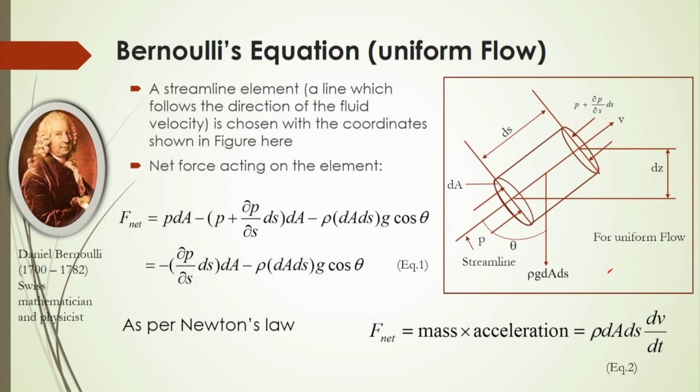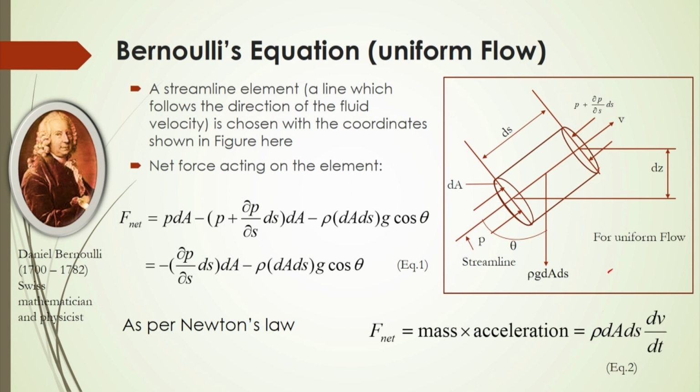So, looking at equation number 1, the first term P into dA is the force applied to the cross section dA. And P plus dou P dou S into ds is the pressure acting at section 2 in the opposite direction of the flow; multiplied by dA, it gives the force. Dou P dou S into ds is the pressure increment over the length ds.